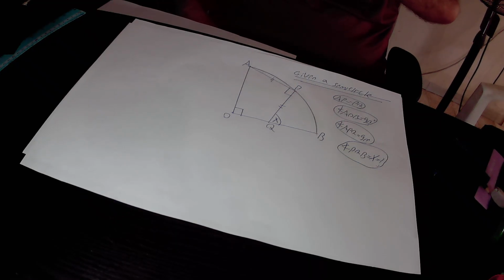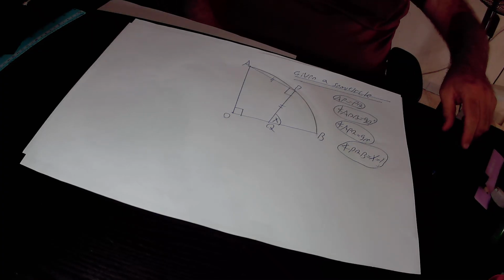So first of all, we complete the quarter circle to a semicircle.